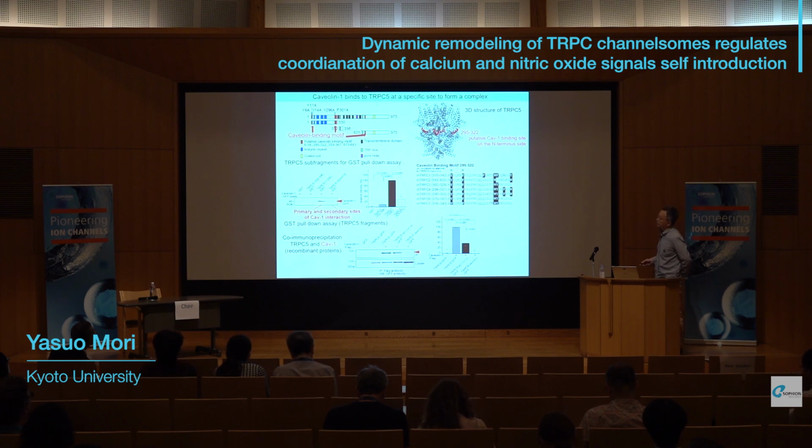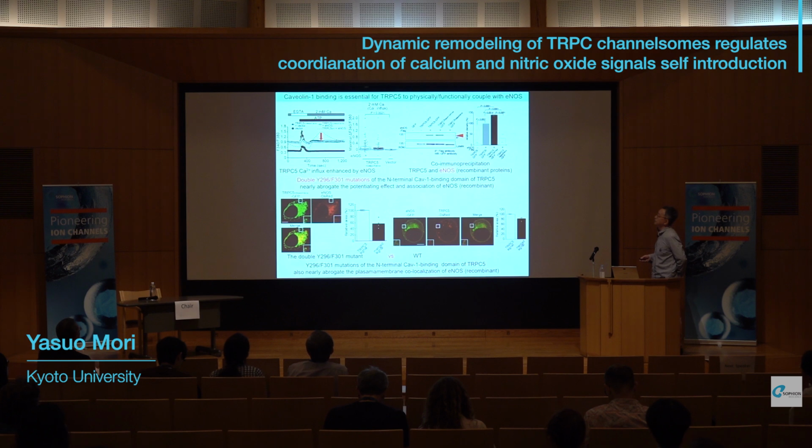This double mutant showed a lack of interaction with TRPC5, as indicated in this co-precipitation assay. As you can see here, there is a very strong contrast with wild-type TRPC5 or different mutants. So clearly, this caveolin-1 binding site is a primary binding site.